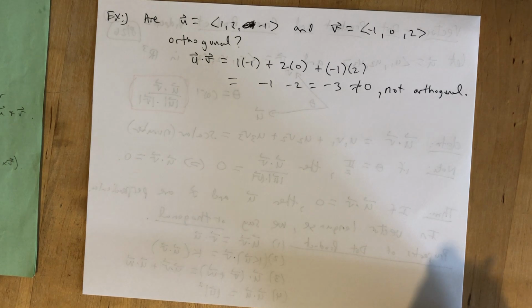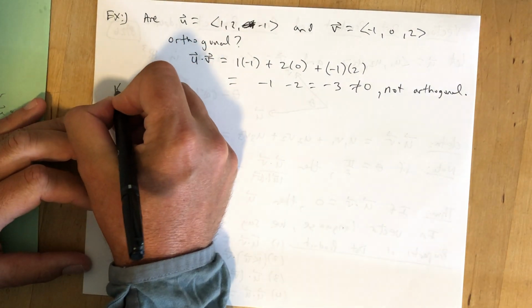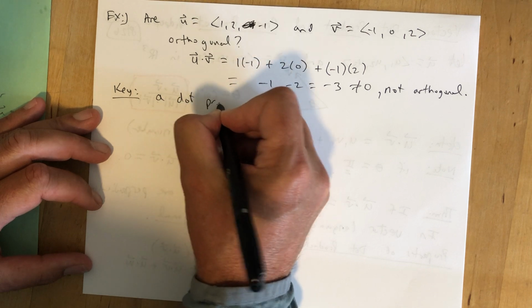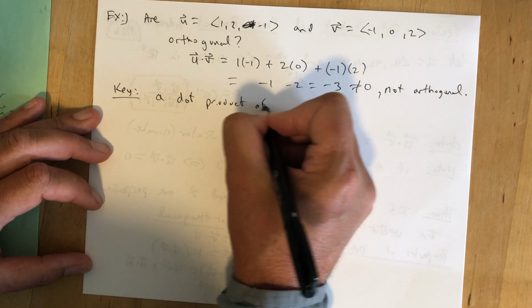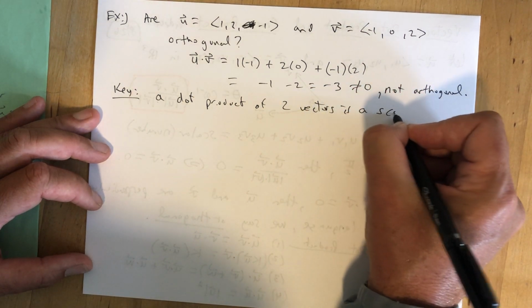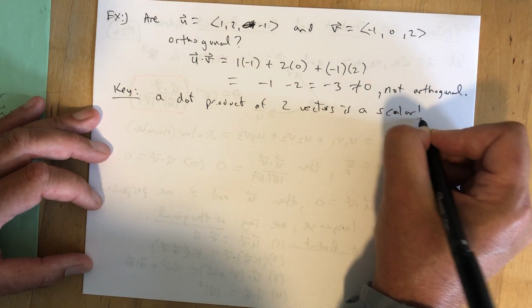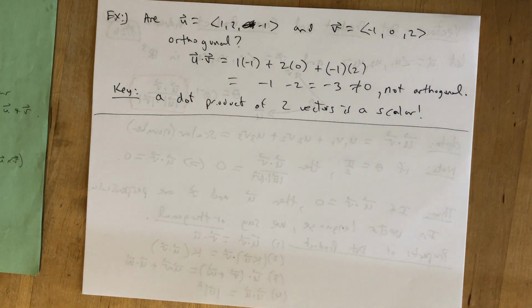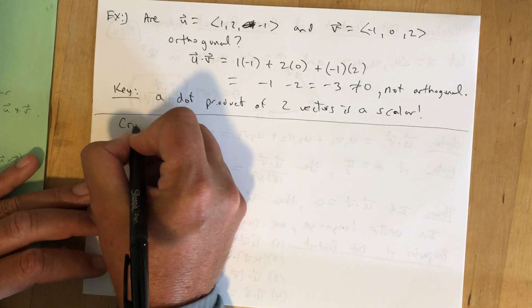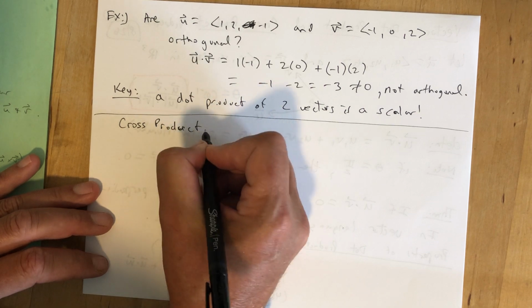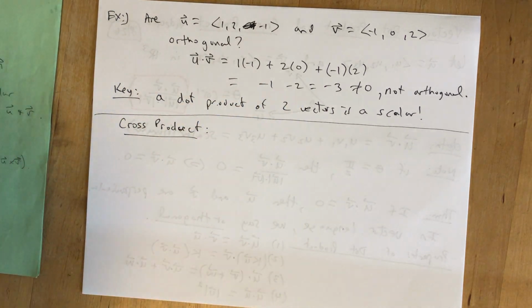Okay. And key, very important, a dot product of two vectors is a scalar. All right. So now let's talk about the cross product, which is a little deeper and more interesting.